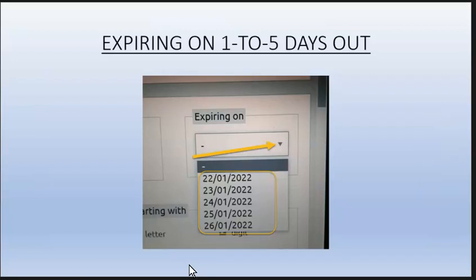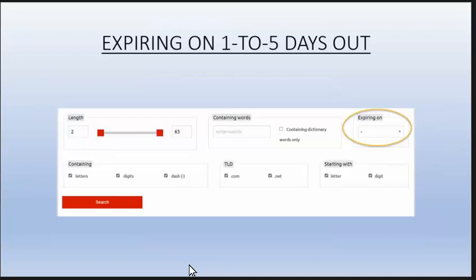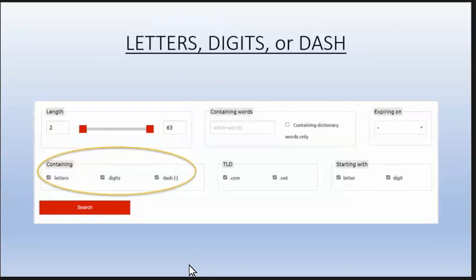For example, if today was January 21st, clicking on the drop-down arrow would show January 22nd, January 23rd, January 24th, January 25th, and January 26th. Mouse click on any date and the search list will display domain names scheduled to expire during that day. If you want to see names expiring over the next 5 days, leave the field blank.